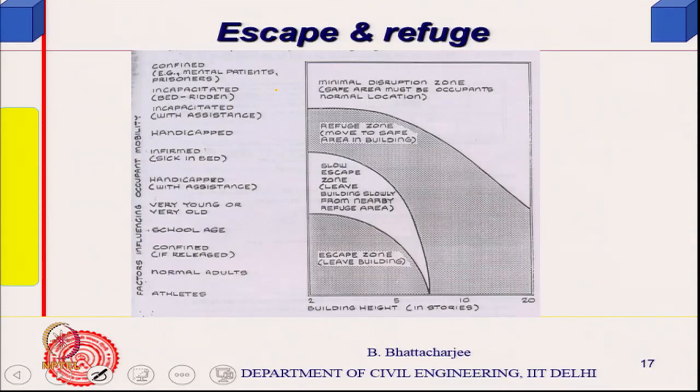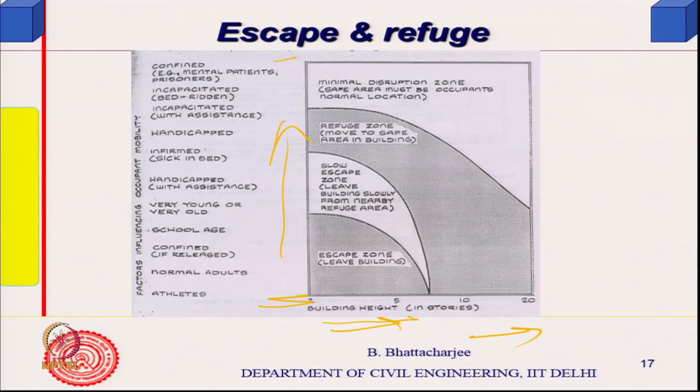Now this is a diagram available in David Egan's book, which tells you that as the story height increases, on this axis you have agility of people, the occupants, how agile they are. This is athletes and this is confined, bedridden people.